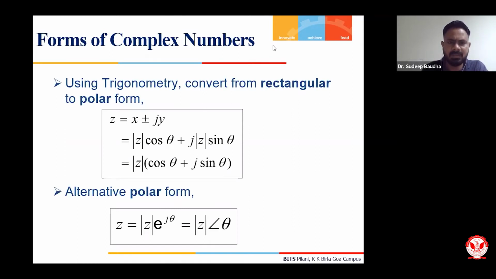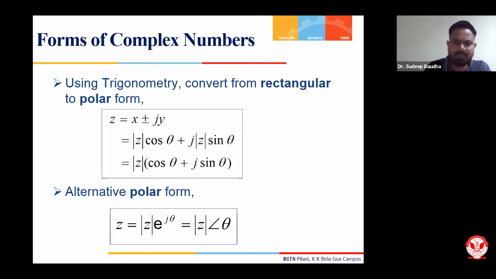If Z equals x plus or minus jy, then it can be written as mod of Z cos theta plus j mod of Z sin theta, which is magnitude of Z times cos theta plus j sin theta. It can also be written in the alternative polar form, in terms of magnitude and e to the power j theta, where theta is the angle which Z makes with the x-axis.